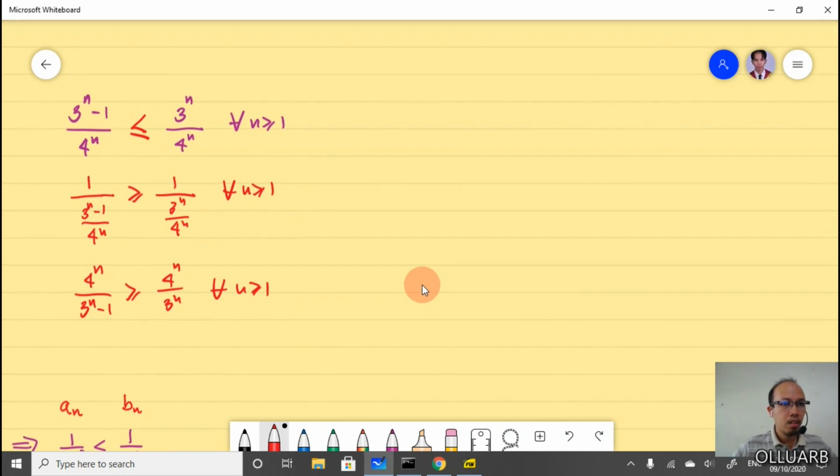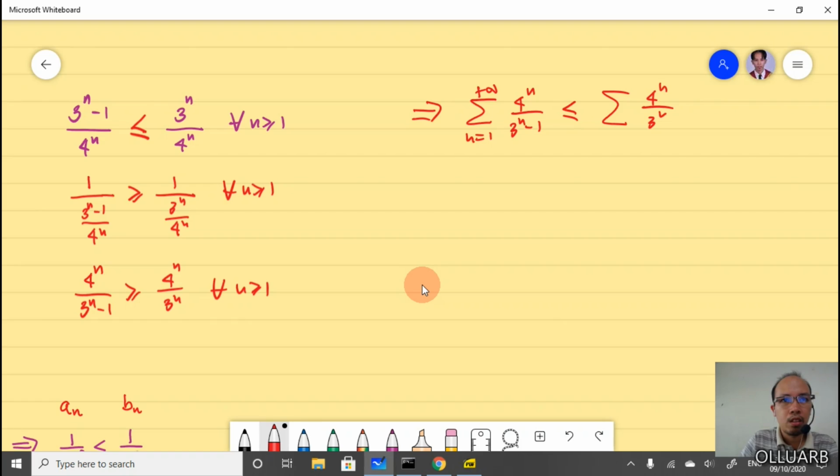So this implies that the series 1 over 4 to the n over 3 to the n minus 1, starting from 1 to positive infinity, this one, is 4 to the n over 3 to the n, starting from 1 to positive infinity, and this series here is divergent.